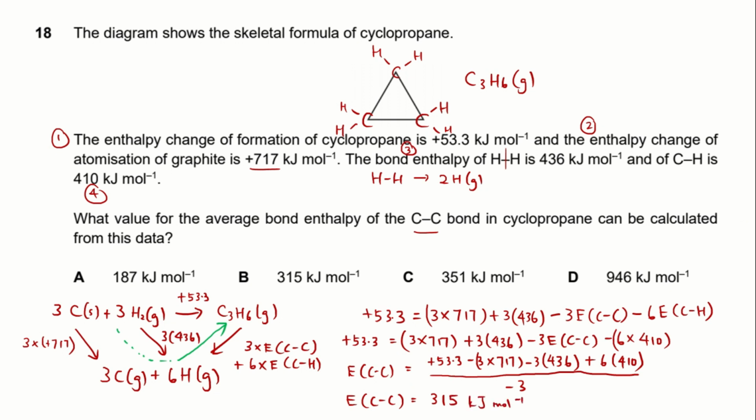The average bond enthalpy of the C-C bond is 315 kJ per mole. So the answer to this question is B.